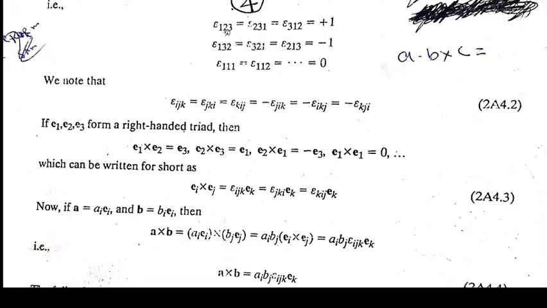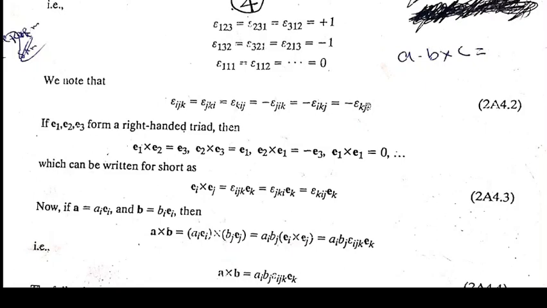Like this, epsilon 1, 2, 3 will be equal to minus epsilon 1, 3, 2. These are equal with minus sign: this is equal to plus 1, and this is equal to minus epsilon 1, 3, 2. Then jik, like this, minus; you can have this from ikj, and the last one from kji, minus.